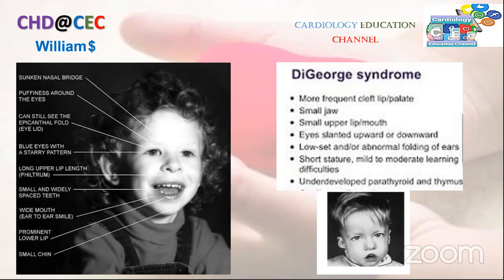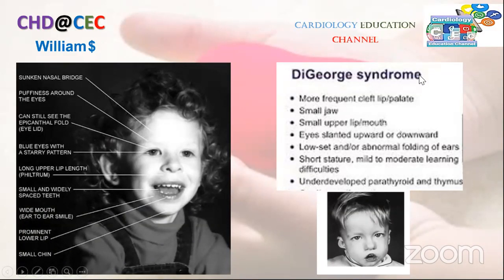They have a chatty party characteristic while being older kids. They also have some dysmorphic features. They have a sunken nasal bridge, puffiness around the eyes. They can have low-set ears. They have small and widely spaced teeth, wide mouth, usually a prominent lower lip and small chin.